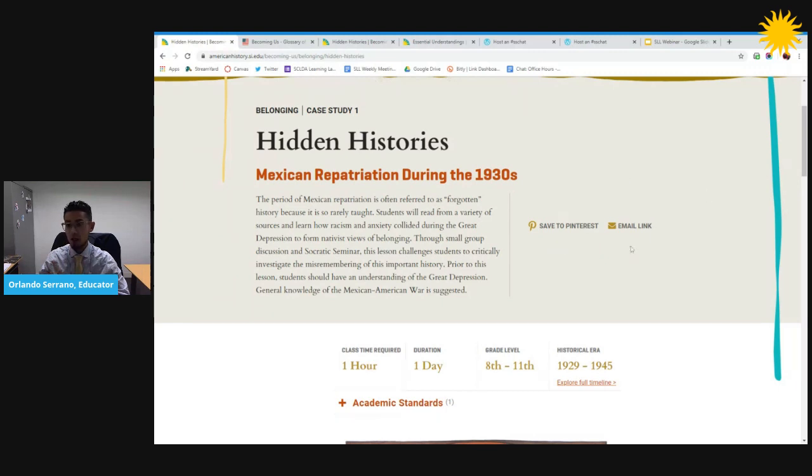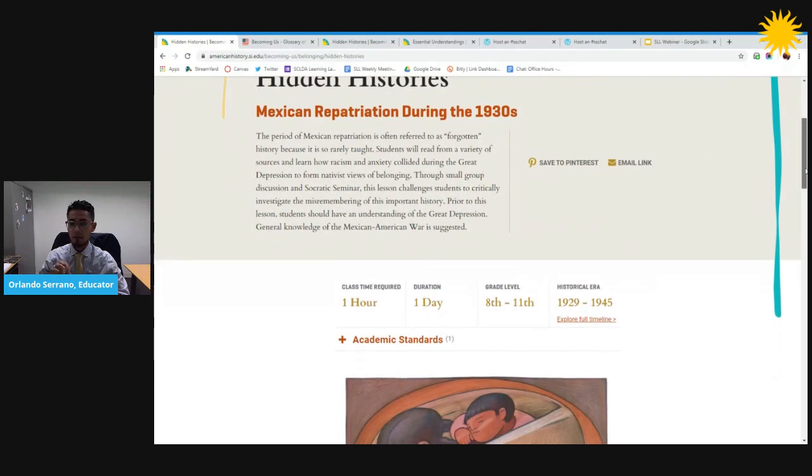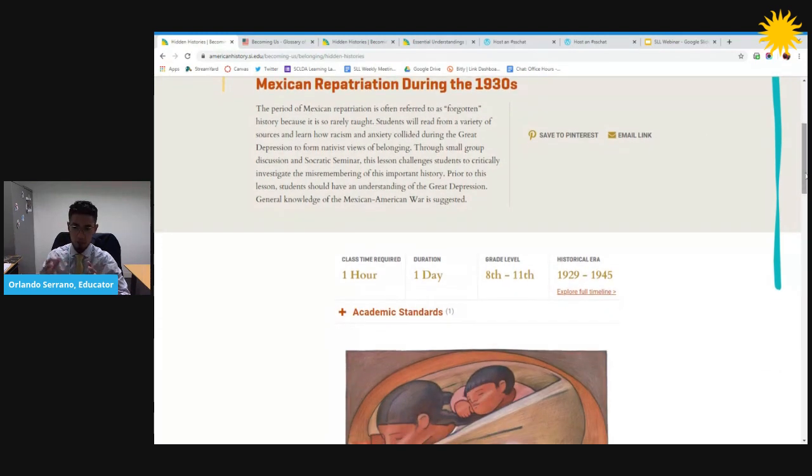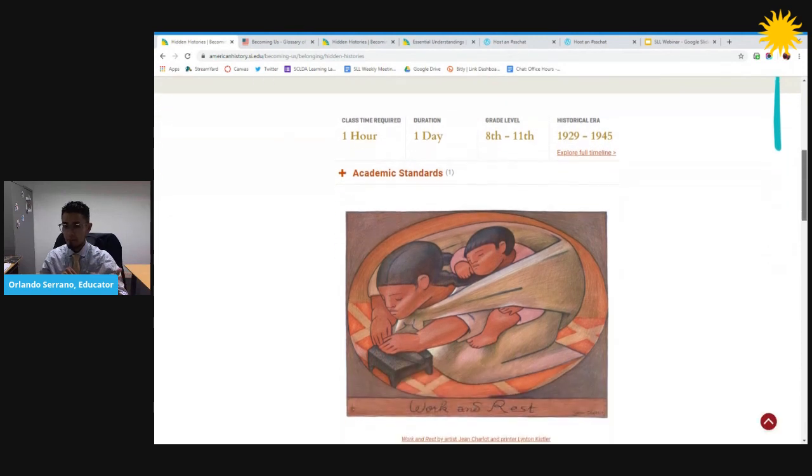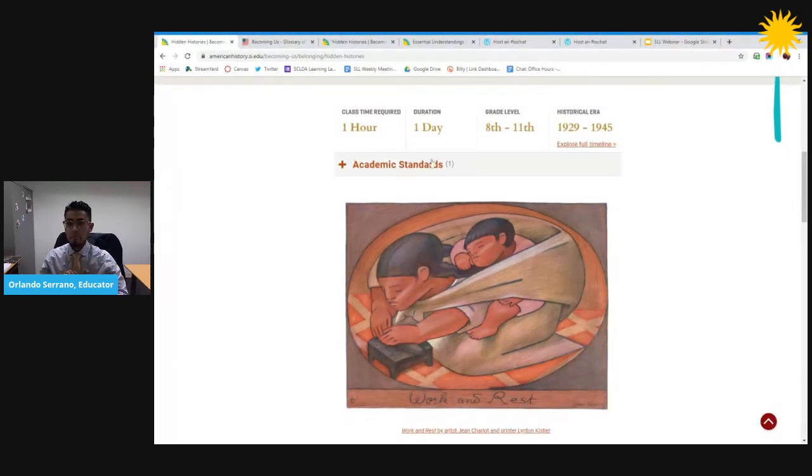We are working on creating PDF versions of the lesson plan and materials and student-facing documents that you can download. If you don't want to work digitally, if you prefer to work with a hard copy, that will be available. A PDF button will be there by January. That is the goal, so that you can download that as well. You can see that we've got a duration, how long this approximately should take, the historical era.